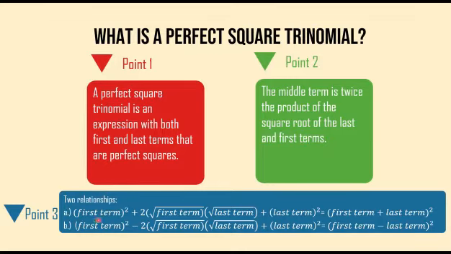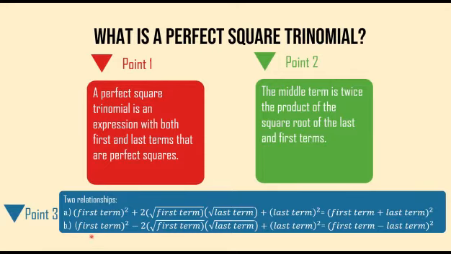First relationship, we have first term squared plus 2 times the square root of the first term multiplied by the square root of the last term, plus the last term squared. And the factor becomes the quantity of first term plus last term, squared.